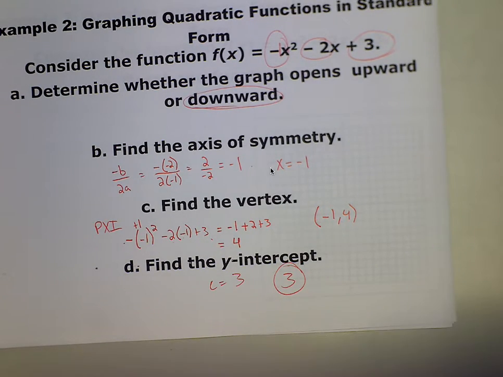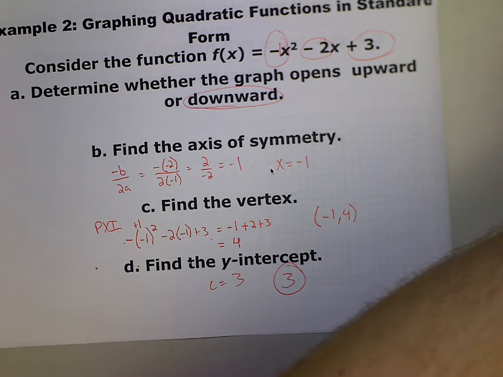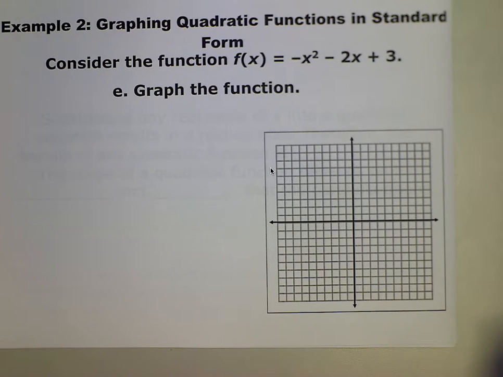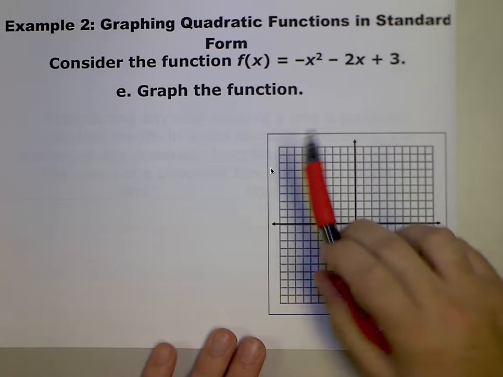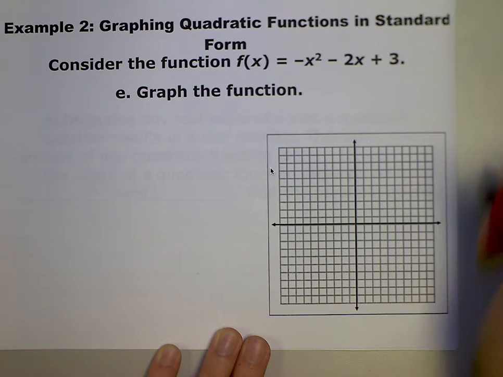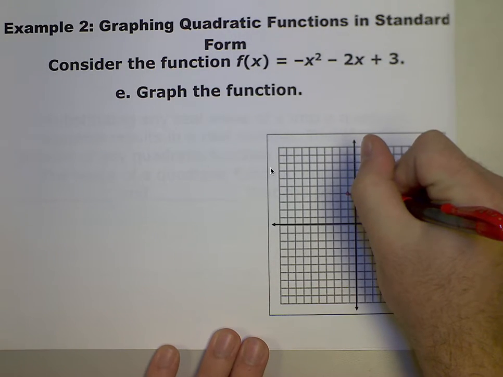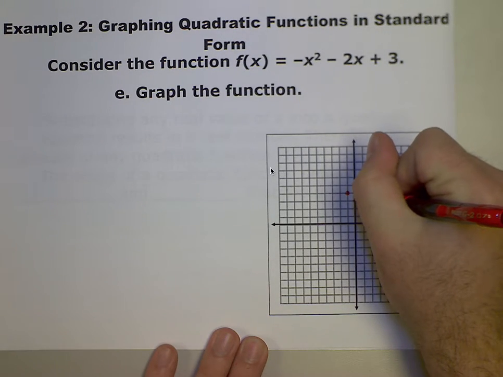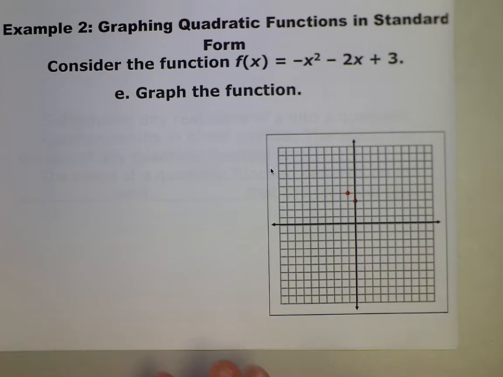Alright, again, I want to try and graph this thing. So let's go ahead and get to the next slide here. I have a graph, same equation, just trying to graph it. My vertex was at negative 1, 4, so I want to plot that point first. My y-intercept was at 3, which is right here.